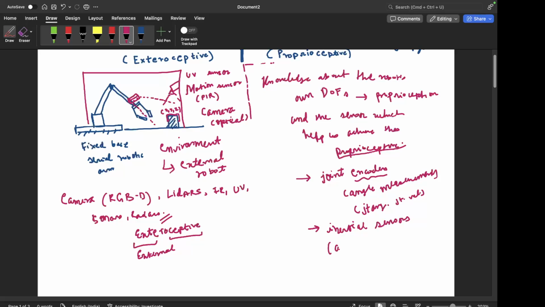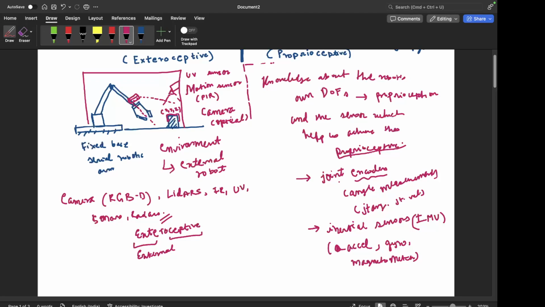Inertial sensors are also known as the IMU. Have you heard about the IMU? Inertial measurement units, which basically have an accelerometer, gyroscope, and sometimes a magnetometer.